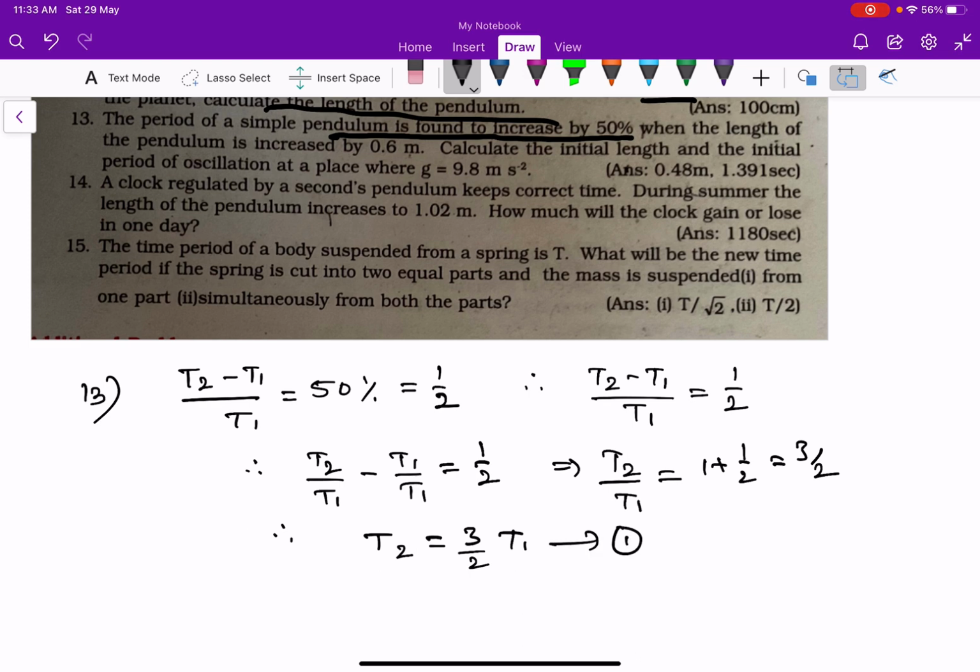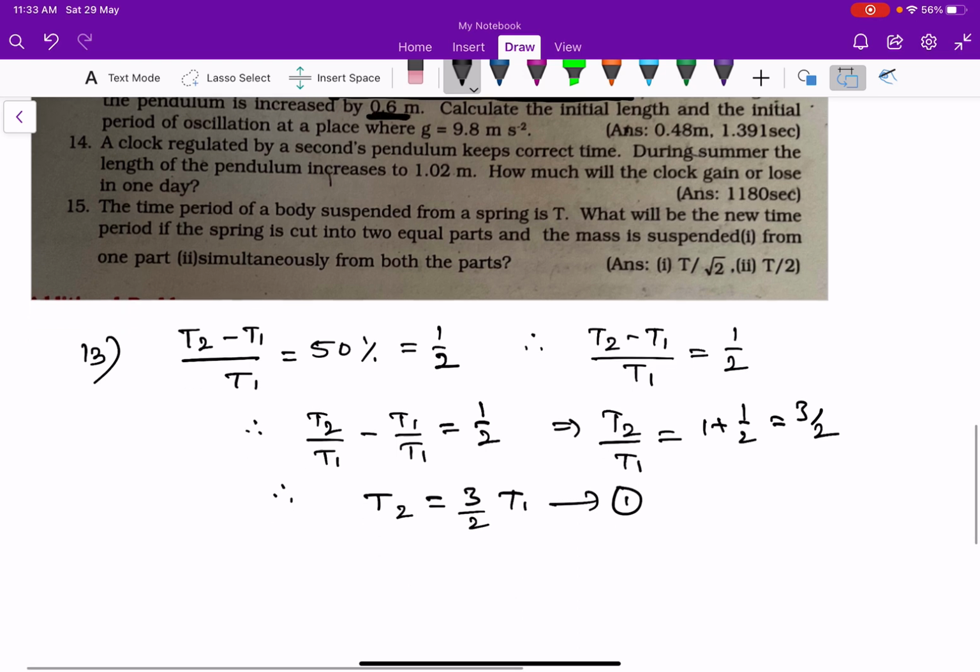And when the length of the pendulum is increased by 0.6 meters, that is L2 minus L1, what is the increase in length? Change in length equal to 0.6 meters. Okay, calculate the initial length and the initial period of oscillations at a place where g is equal to 9.8 meter per second square.